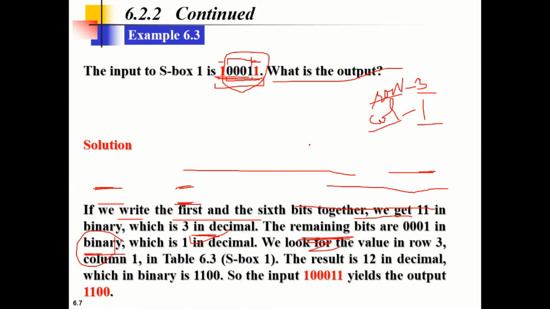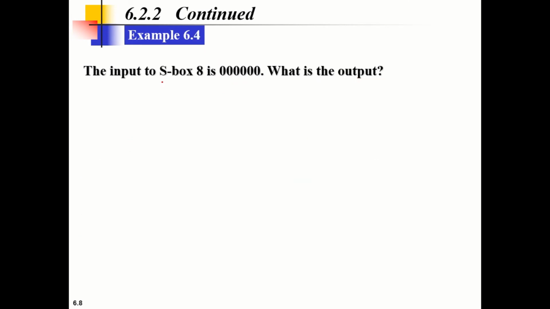We have one more example, for S box 8. This is the input, which is all 0. We are to check the output for this particular input. This is 6 bits, and the output must be 4 bits. Again we check the first and last bit, which tell the row number, and the middle 4 bits, which tell the column number. We check the entry under 0th row and 0th column in table 8.